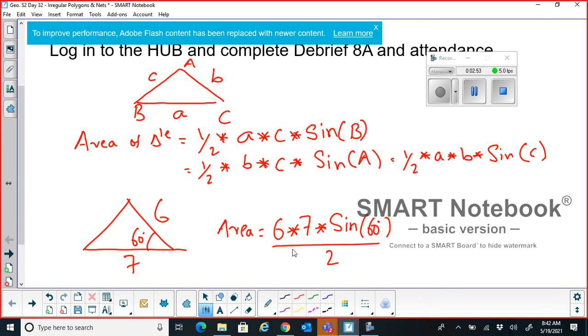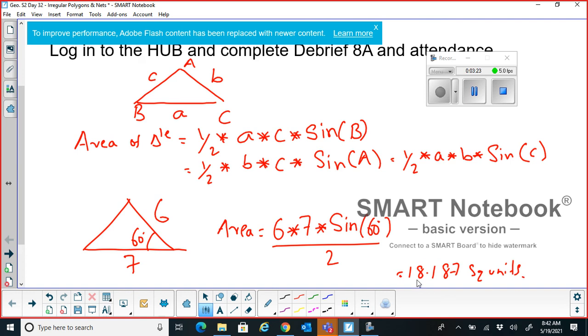Okay. If you substitute that in the calculator, we have 6 times 7 times sine 60 divided by 2, which gives us 18.187 square units. I hope everyone is clear with these kinds of problems.